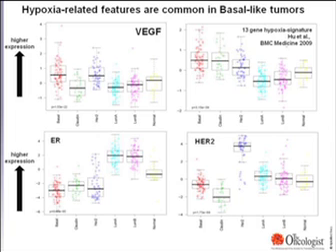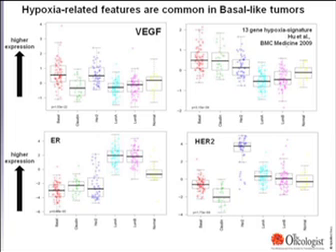And what you can see is that on average, VEGF expression is highest in the Basallike and Her2 enriched subtypes.